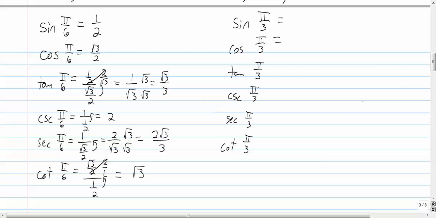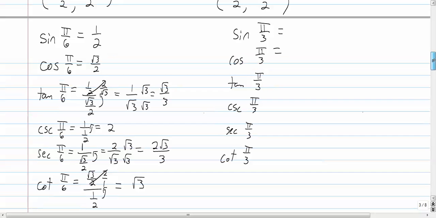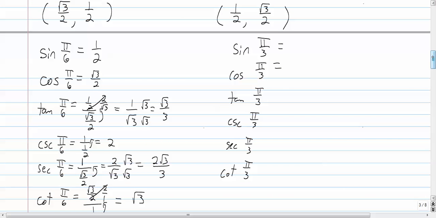If you like to recognize patterns and use patterns, if you ever write down all of these, then the sine and the cosine are just changed, the tangent and the cotangent are just changed with each other, and same with cosecant and secant, they're just changed. But I'm going to go through them real quick.